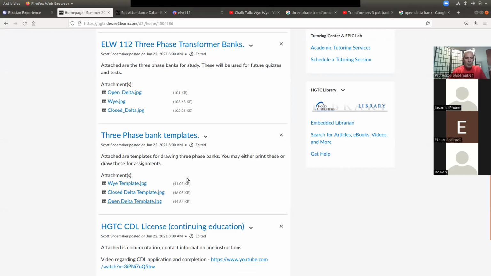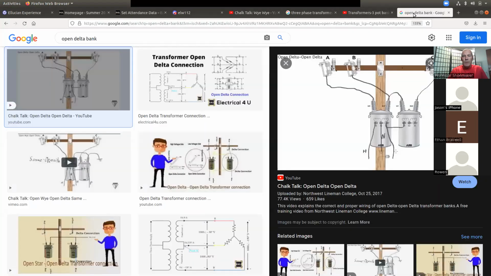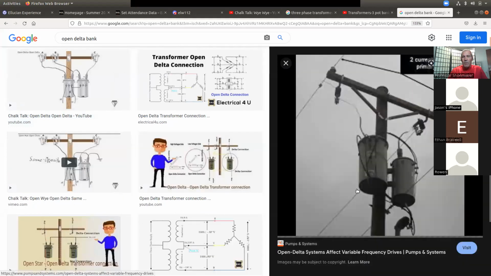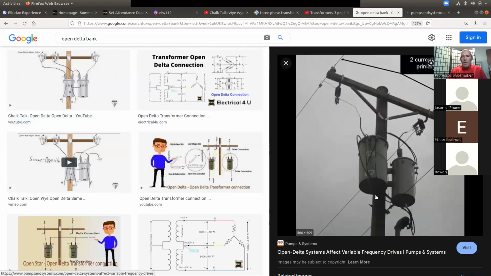Okay. So far, so good. All right, so let's take a look at some actuals here. Open delta bank, because I do want you guys to be able to see what's happening out there in the world. Open image, new tab.